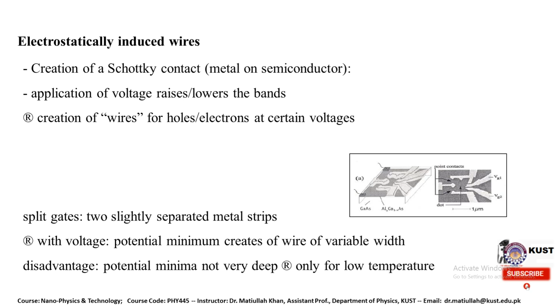The band gap is changed. So as a result, nanowires for holes and electrons are created at certain voltages. So there are split gates, slightly separated metal strips, in which a potential minimum creates wires of variable width. The disadvantage of this particular nanowire is that the potential minima is not very deep, so it is only used for low temperatures.